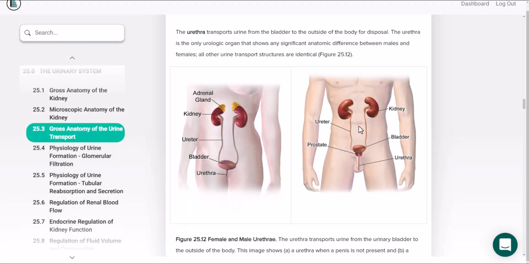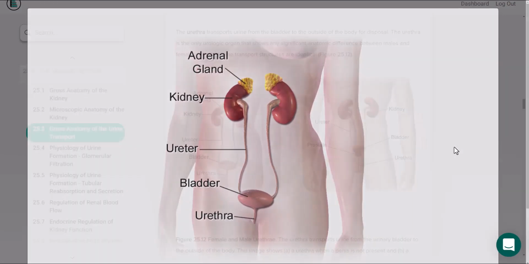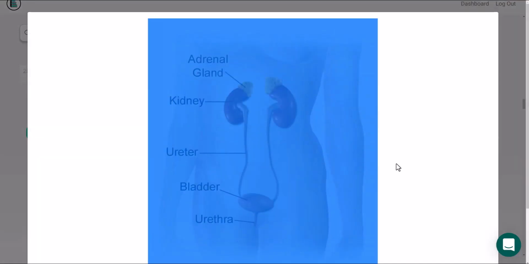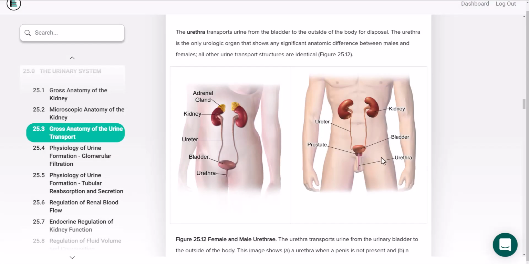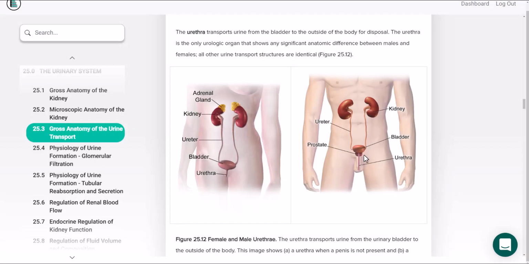In the male, however, let me zoom into that over here on this diagram, which I'm having trouble pulling up. Here we'll see there is the prostate gland, and if you zoomed in, which I'm not able to do right now, you would see that the internal sphincter is above the prostate. The external sphincter leading into the urethra is below the prostate.